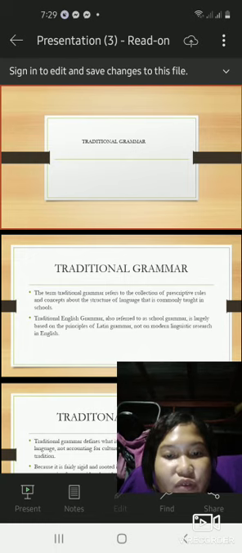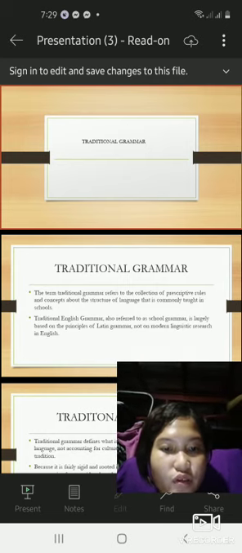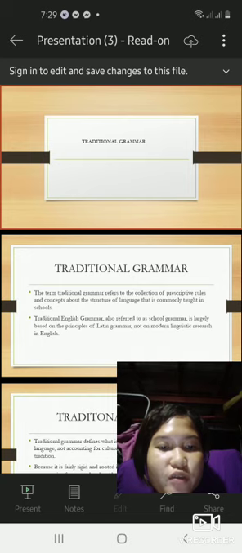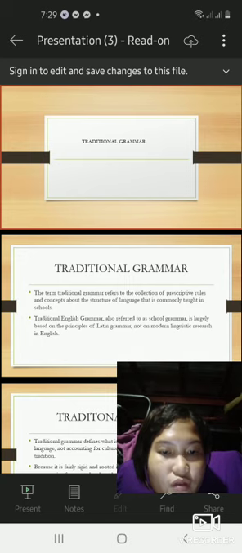The term traditional grammar refers to the collection of prescriptive rules and concepts about the structure of language that is commonly taught in schools. So why do we say traditional grammar refers to the collection of prescriptive rules, and why is it also commonly taught in schools?